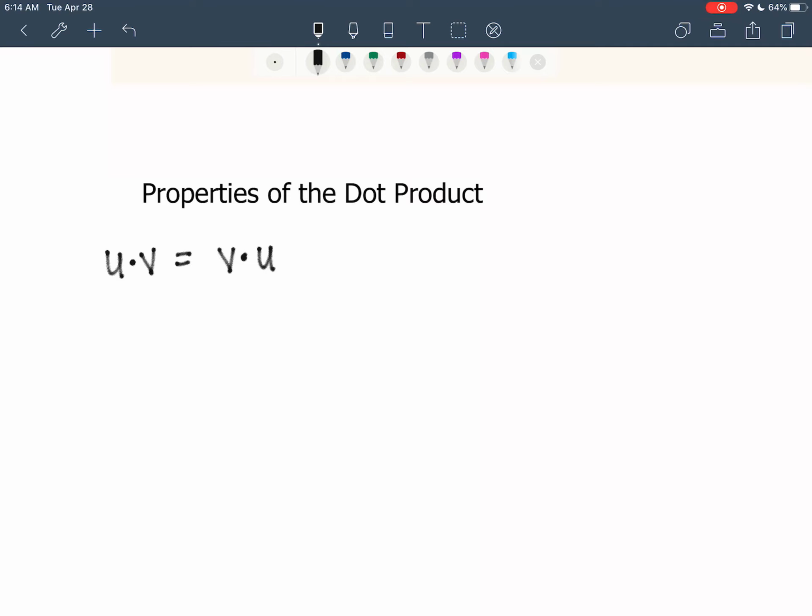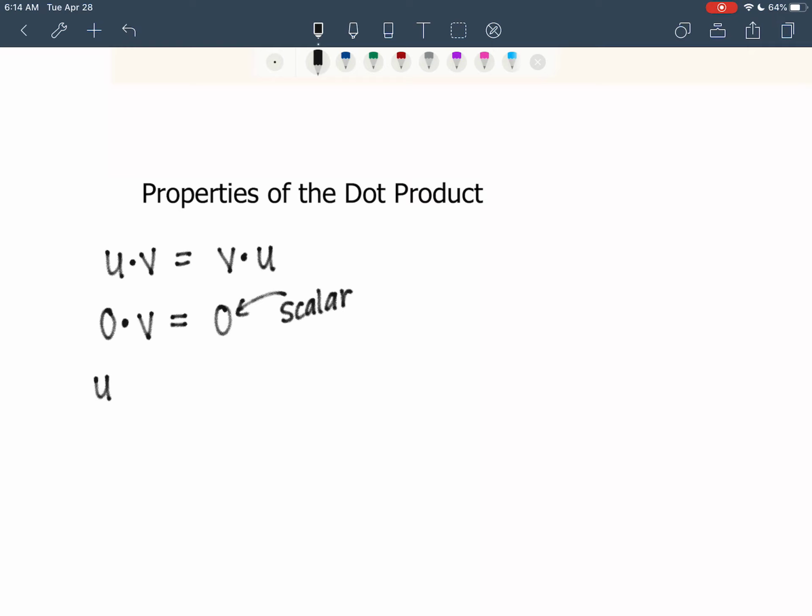Now, properties of the dot product: u dot v is indeed equal to v dot u. So the commutative property does exist. If I take the dot product of 0 and a vector, I'm going to get 0, which is a scalar. The result of a dot product is a scalar.